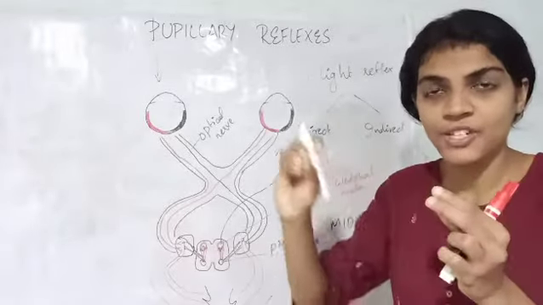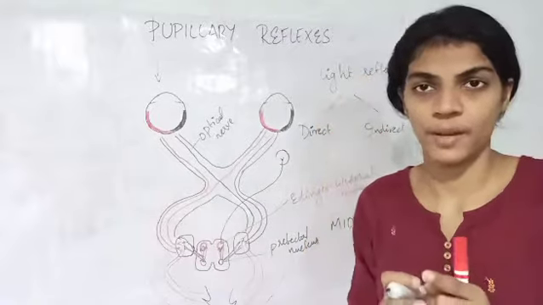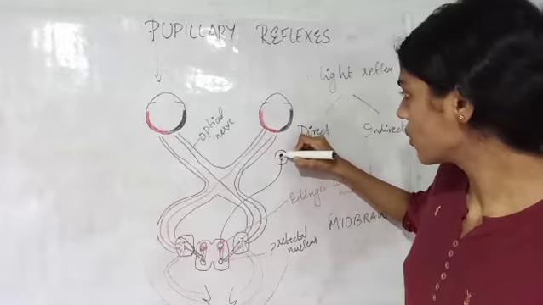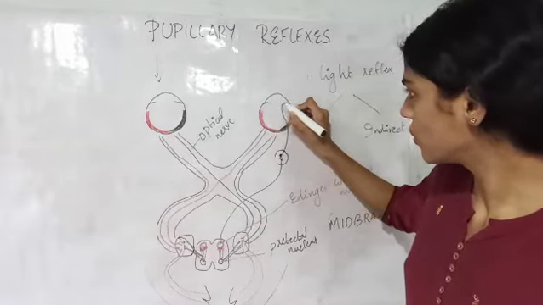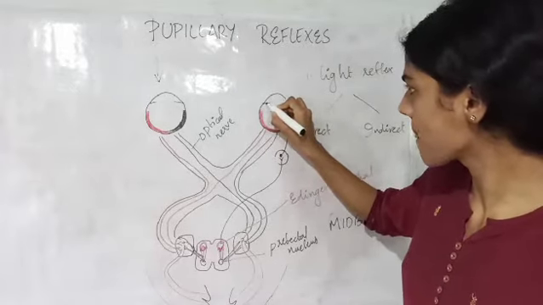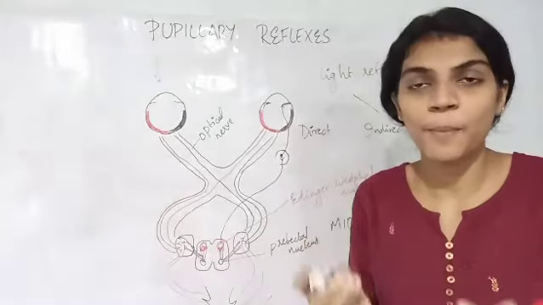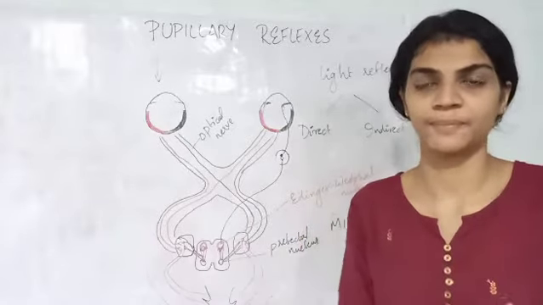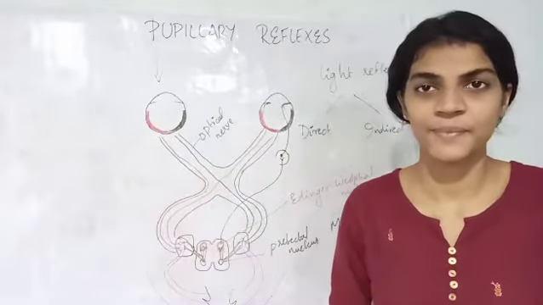And the next order neuron, the postganglionic nerve fiber, goes and gives stimulus to this one, which is the iris. So this nerve fiber will supply the constrictor muscles of the diaphragm. Okay, so from there the process ends.